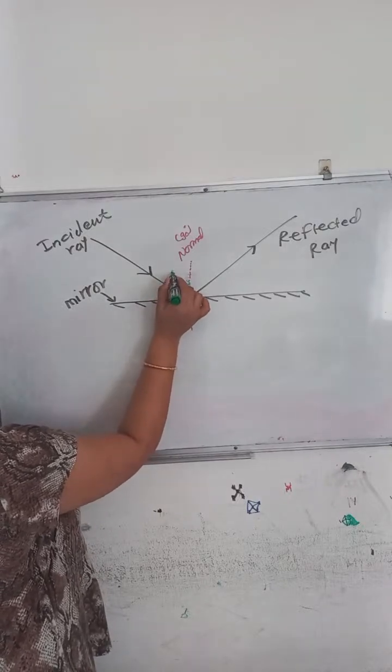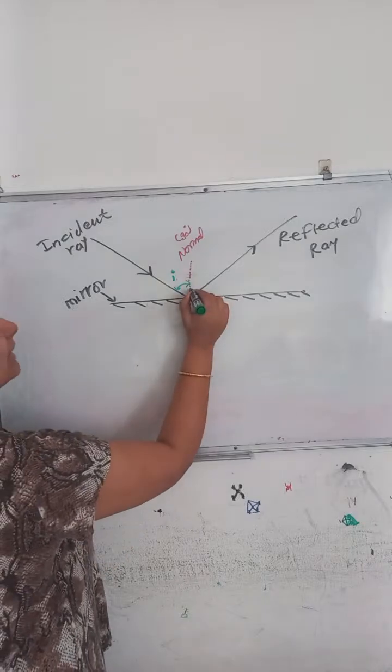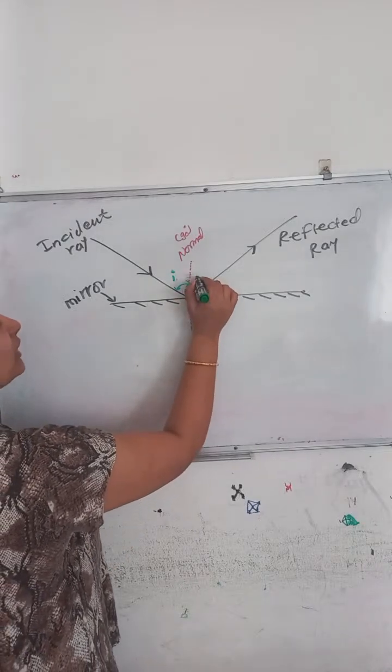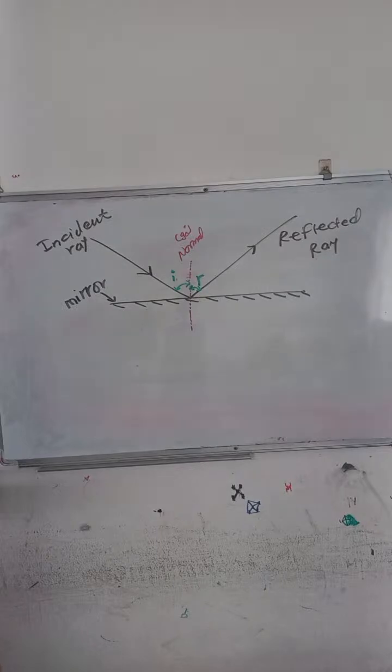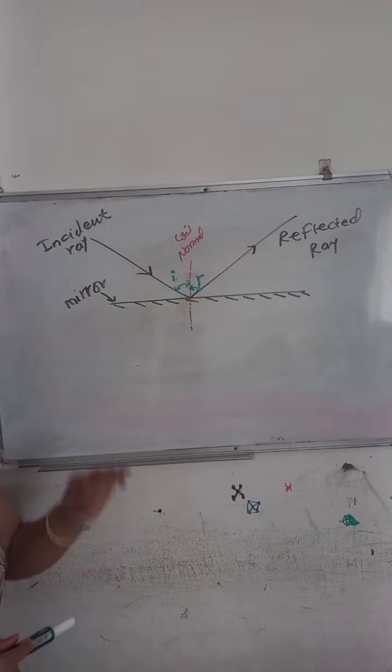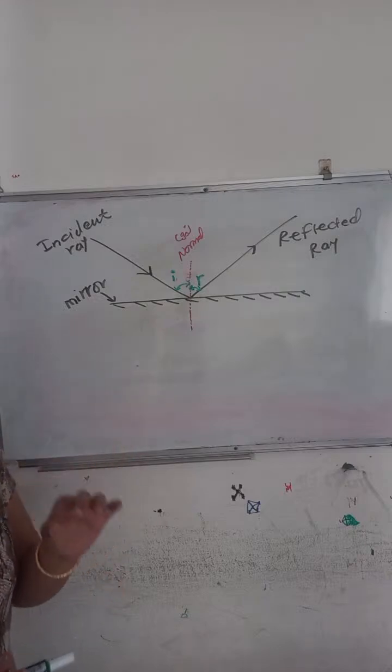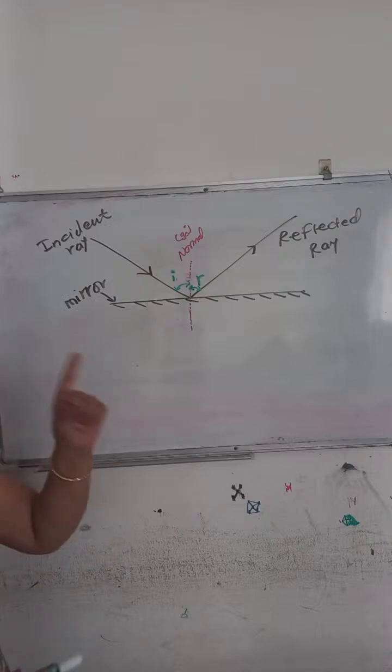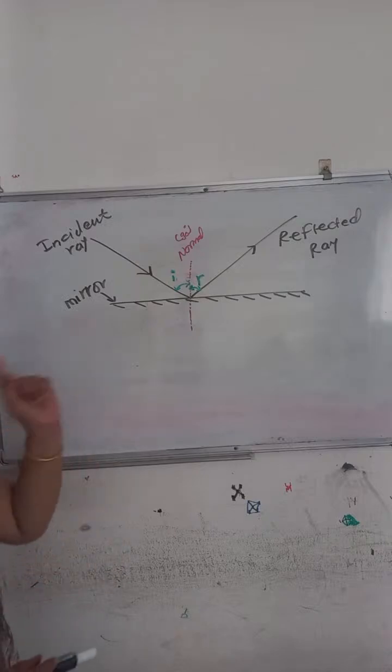This is the angle of incidence I, and this is the angle of reflection R. Can you get this? Both the angles, angle of incidence and angle of reflection, are measured with reference to the normal.